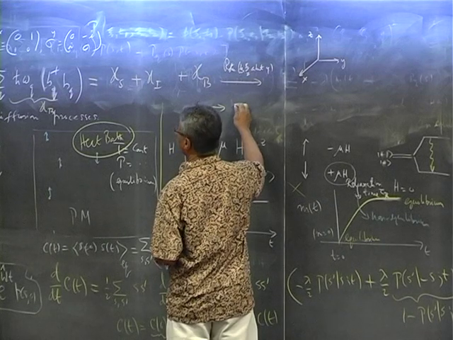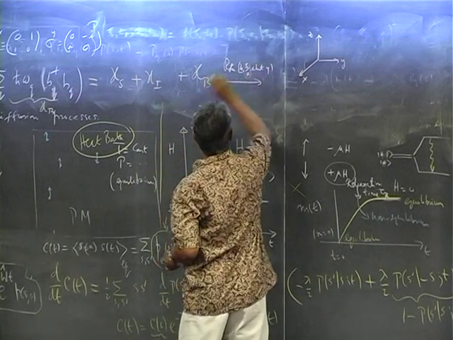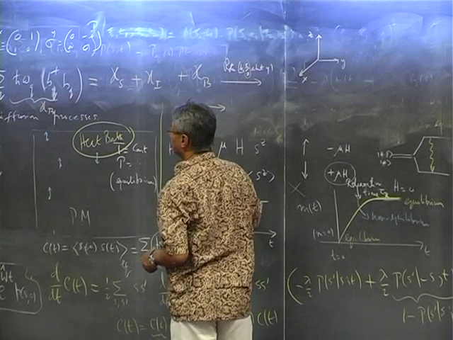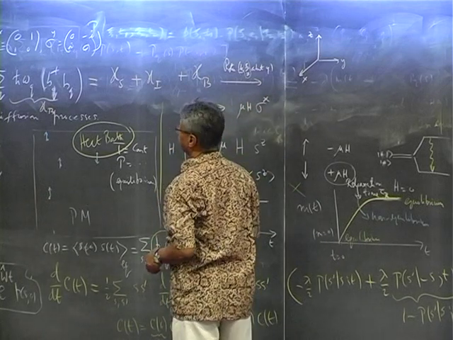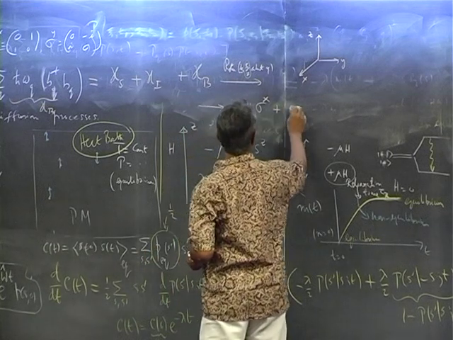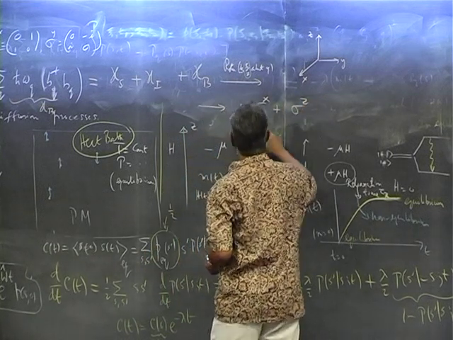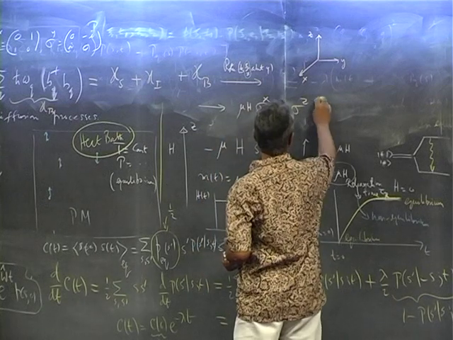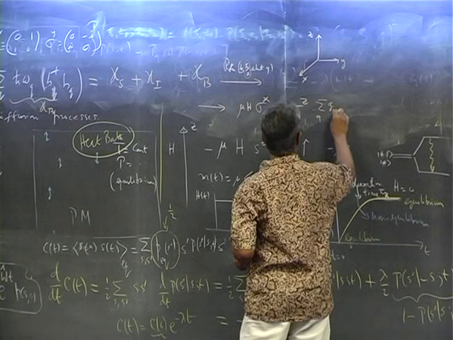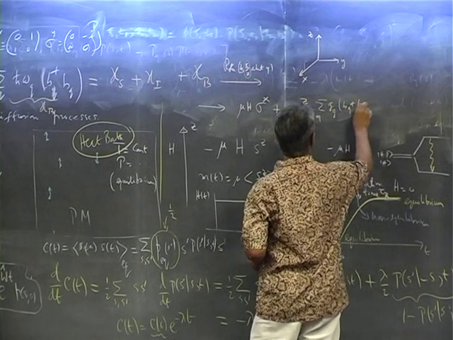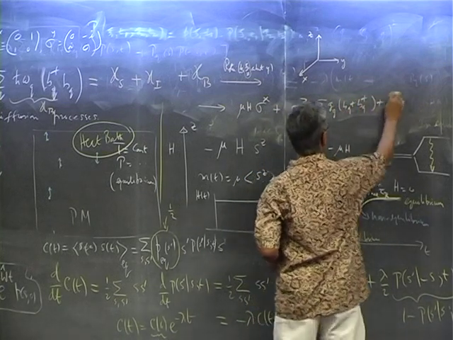So because I am doing a rotation, I'll use a rotation correspondingly, pi by 2 or minus pi by 2. So I'll get a mu h sigma x plus sigma z times the same operator. This rotation does not do anything to the phonon system.